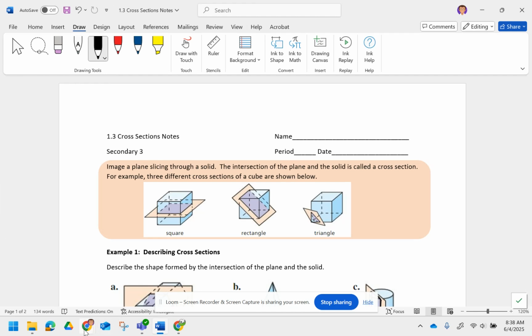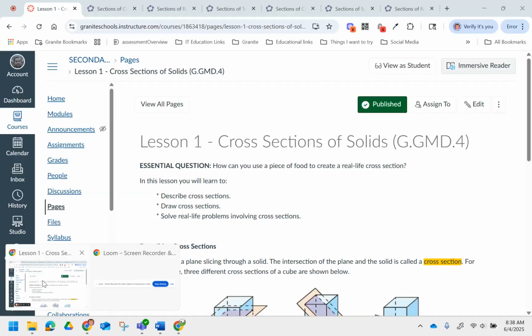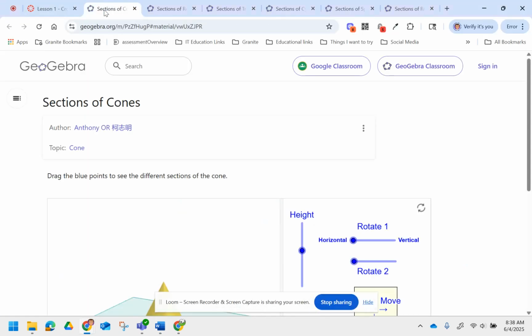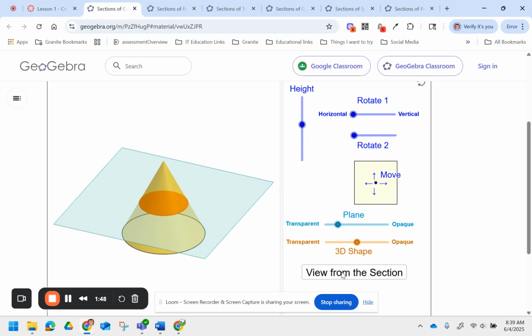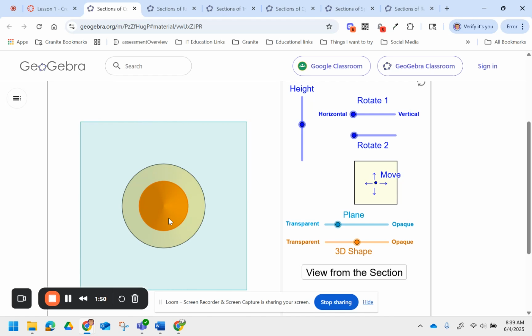Now, you can create cross sections from any three-dimensional figure. And different three-dimensional figures are going to give us some unique shapes. For instance, as we cut into a cone, a simple one being parallel to the base is going to give us a circle.